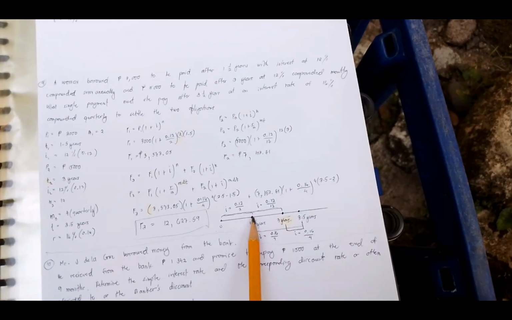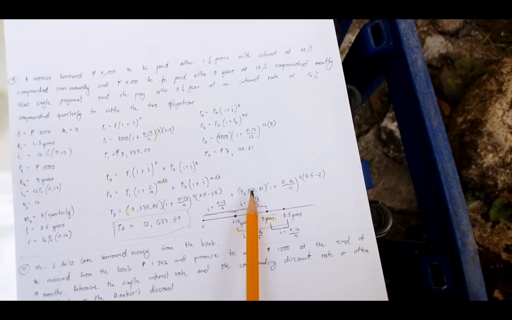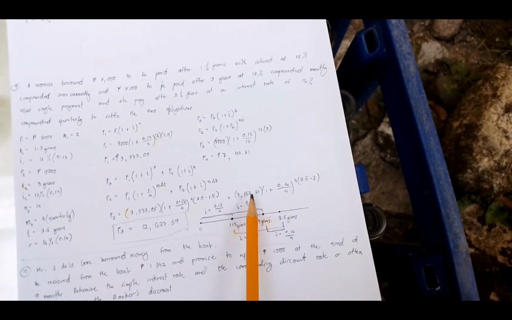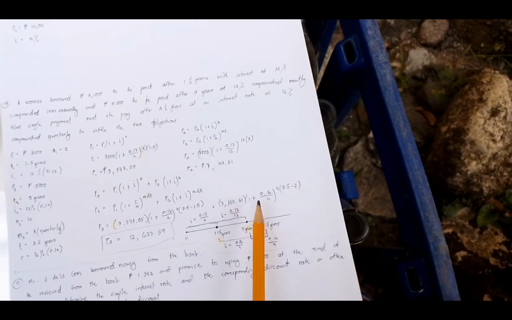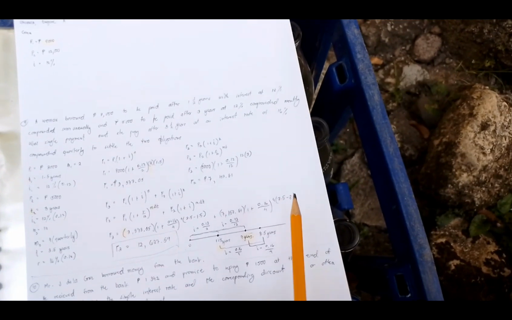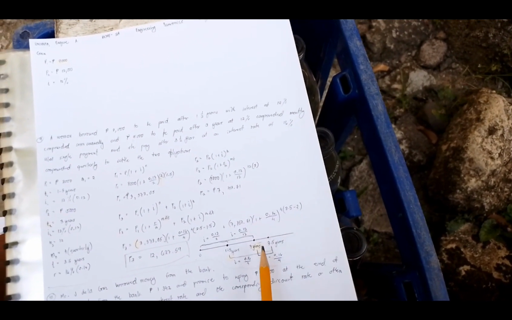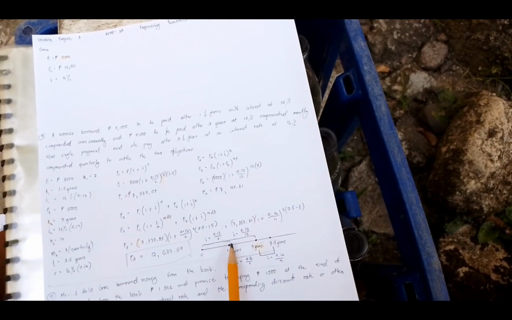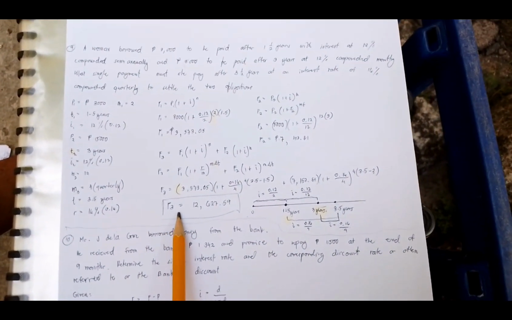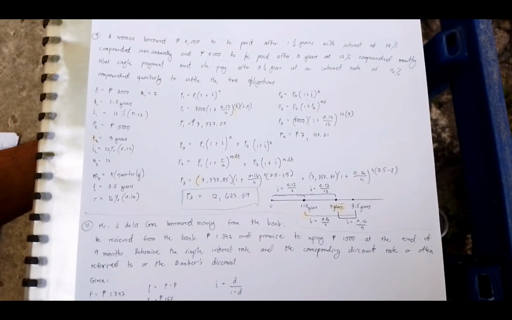So, 1 ngari plus 153.81 times the quantity of 1 plus 0.16 over 4 raised to 4, then 3.5 minus 3. So, mao yan time sa diri ug diri. So, half year. So, our F3 is equal to 12,627.59.